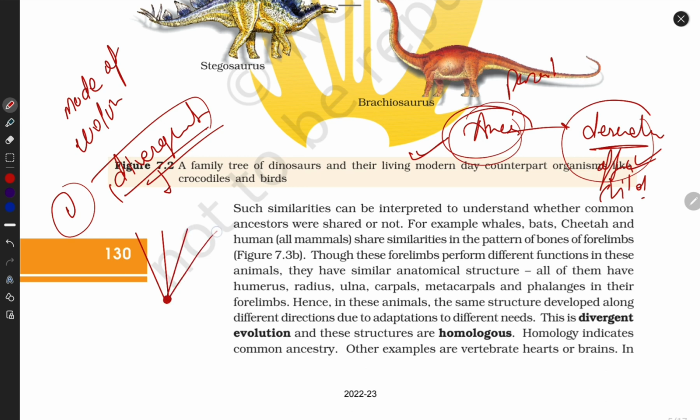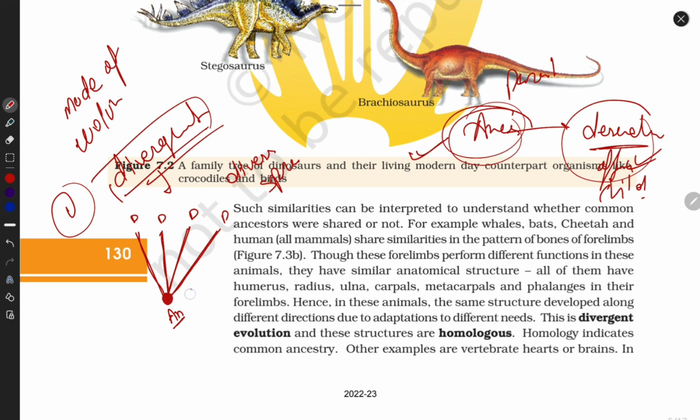Divergent means at a single point, divergence, diverge, spread. A single parent gives rise to different kinds of species, not in one day but throughout evolution, over many years. A single ancestor gives rise to multiple descendants.